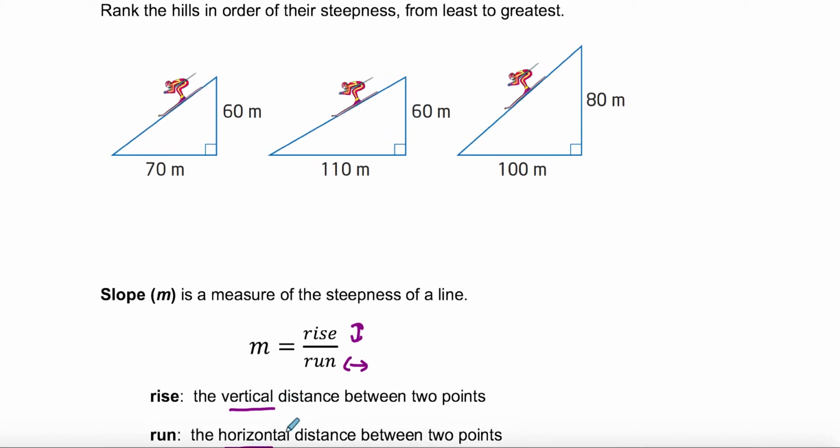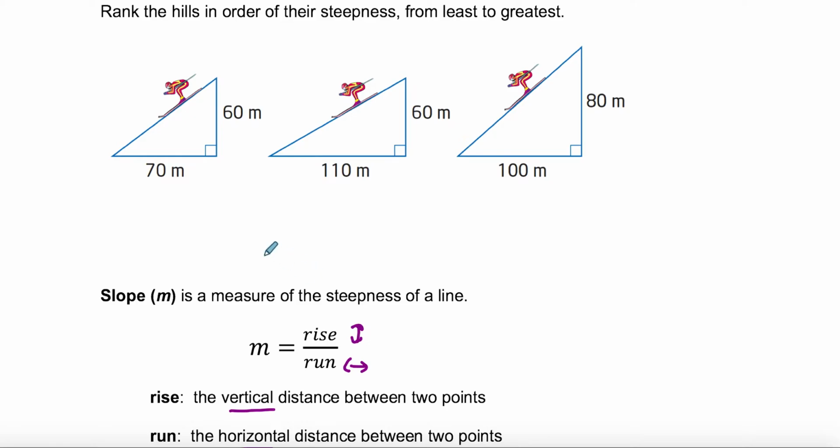So if we use that formula up here, instead of just guessing, I'm able to find the rise. So that's our vertical distance is 60 over 70. And I get 0.86. And here the slope is the rise, so that's again the 60 over 110. So that's 0.55.